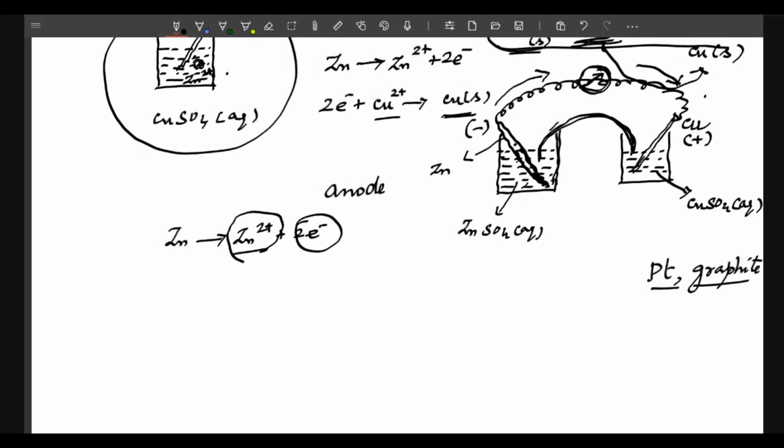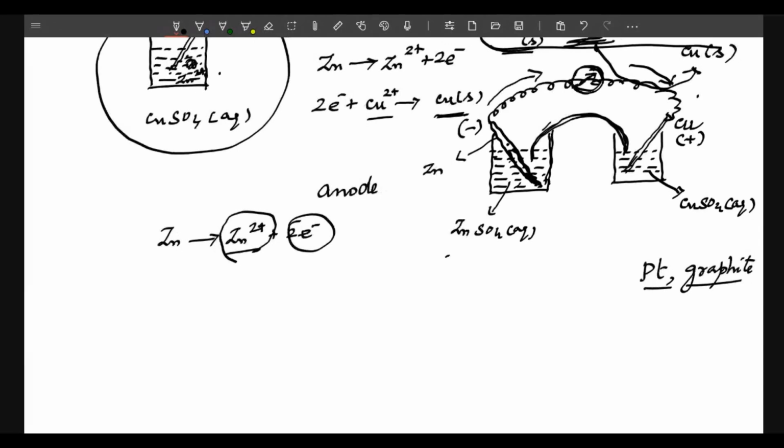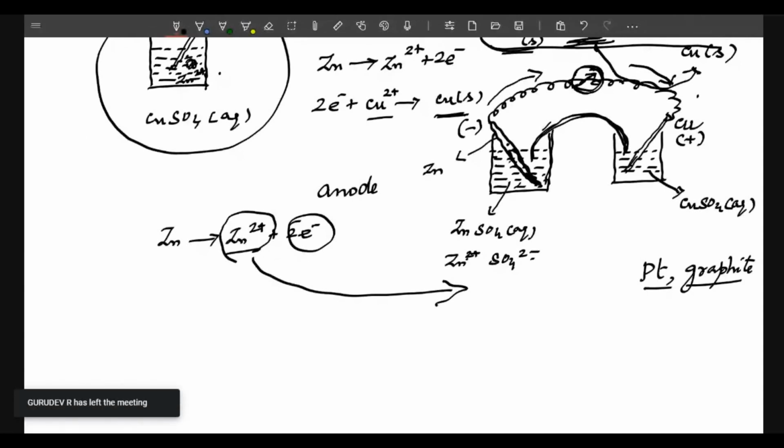Therefore, in this compartment zinc sulfate is already present, neutral charged species: zinc ion and sulfate ion, in equal numbers. When electrons are released, zinc ion alone is added to the solution, and the negative charge, the 2 electrons, is transferred away. Therefore, there is an imbalance between the cation and the anion. So is the case here also.